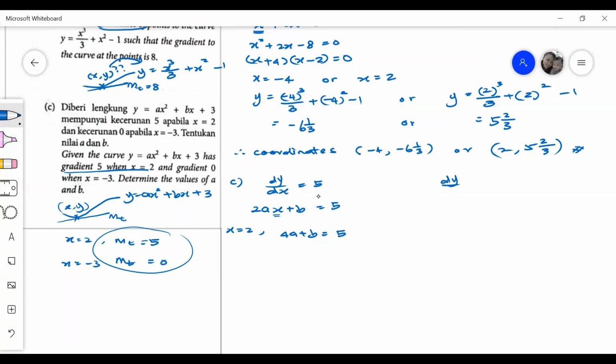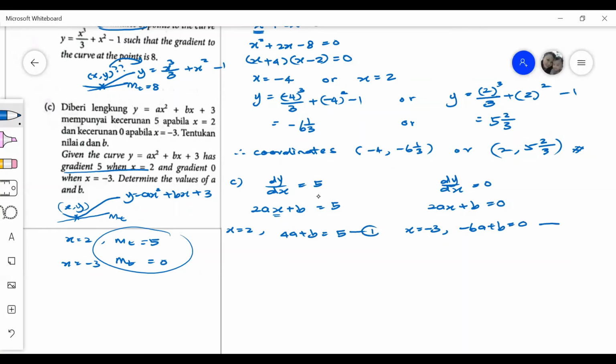And on the other hand, dy dx equals 0. So 2ax plus b equals 0. So when x equals negative 3, we will have negative 6a plus b equals 0.